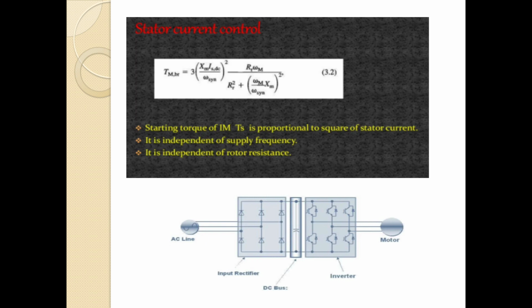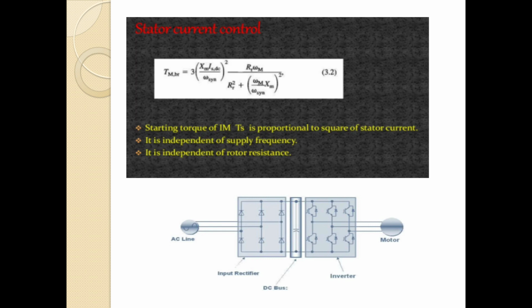Now torque maximum is equal to 3 Xm Isc divided by omega synchronous speed, the whole square, over Rr square plus omega m Xm divided by omega synchronous speed. The circuit diagram is given. First, the AC line is connected to the input rectifier, the input rectifier is connected to the DC bus, and the DC bus is connected to the three-phase induction motor.